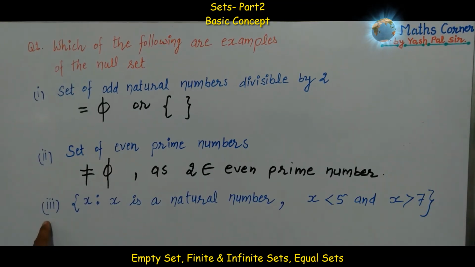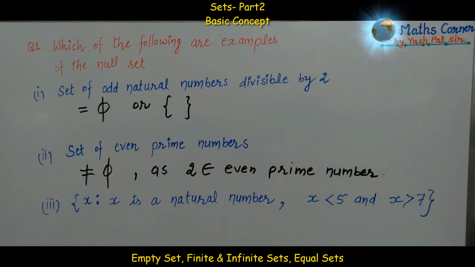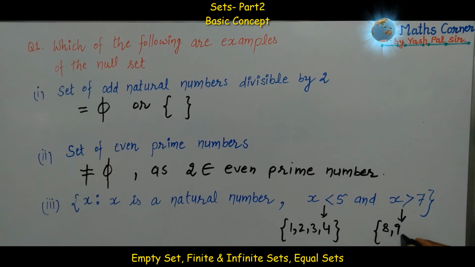Next, the third part is x such that x is a natural number, and the next condition is x is less than 5 and x is greater than 7. Here x is less than 5: the natural numbers less than 5 are 1, 2, 3, 4. And the natural numbers greater than 7 are 8, 9, 10, 11, and so on.